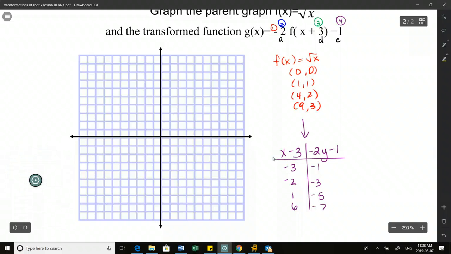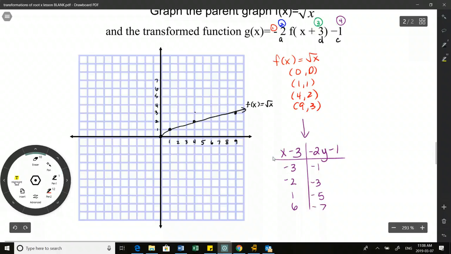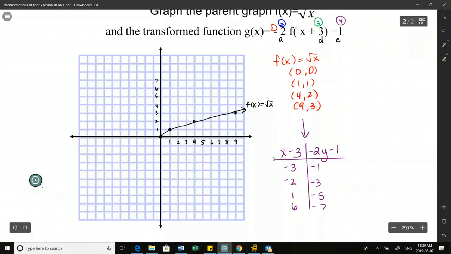And then we're going to graph. Okay, so I think we can safely go by ones here to fit everything. So you can just draw your little scale. Draw your parent function. Label your parent function. And then we're going to plot our new points. So negative 3, negative 1.